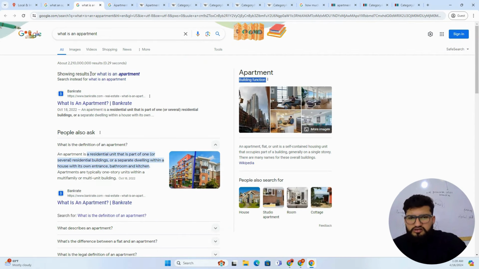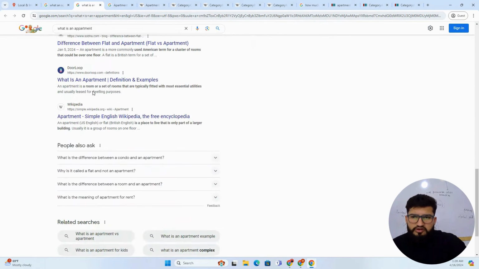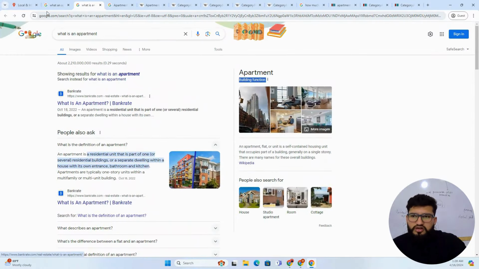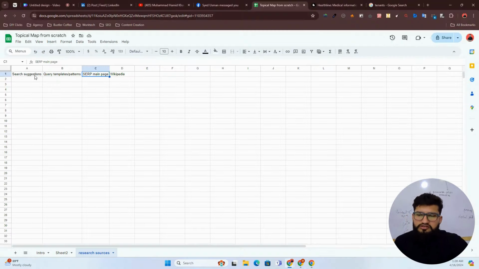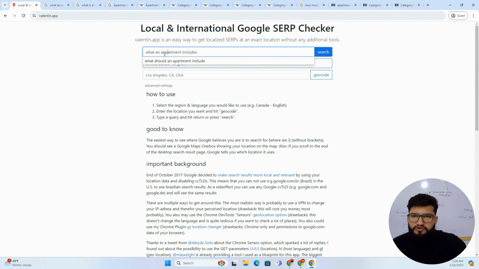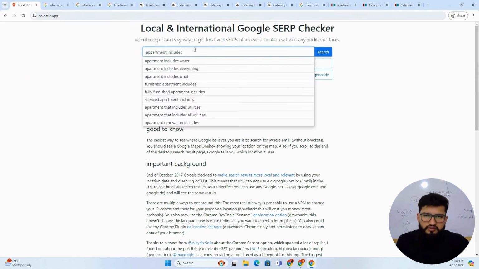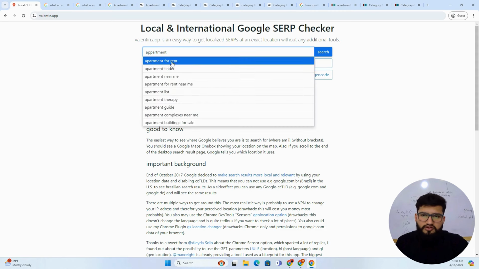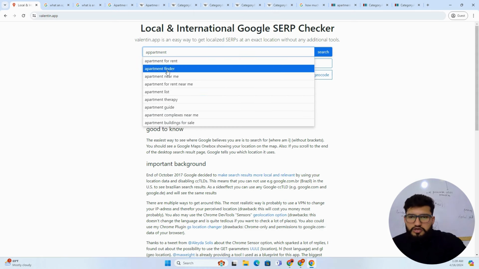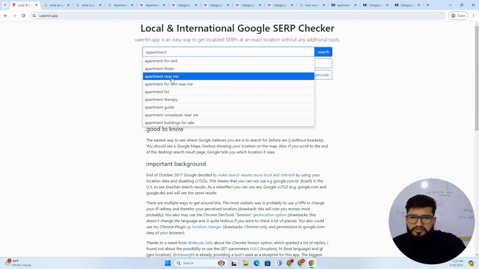So this is the main page from where you can get information. The first part, as mentioned here, is search suggestions. If you just write apartment and then give a space without any further word, you're probably getting some good search suggestions.